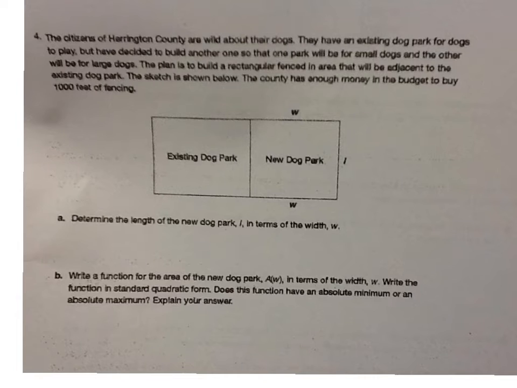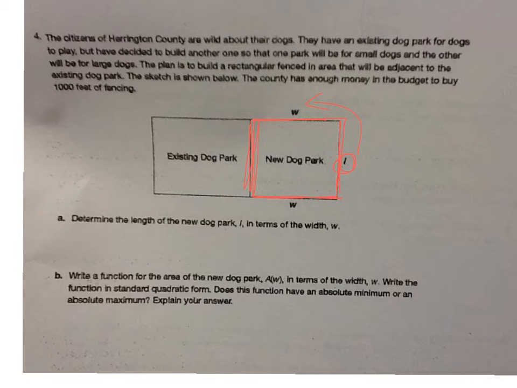So in terms of L in terms of W. So what we know is that if you want to add this plus this plus this, they have 1,000 feet of that. So we want a new fence here.